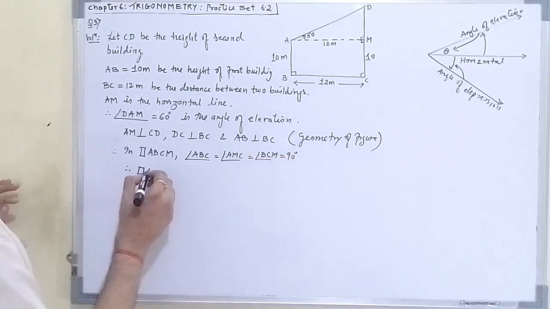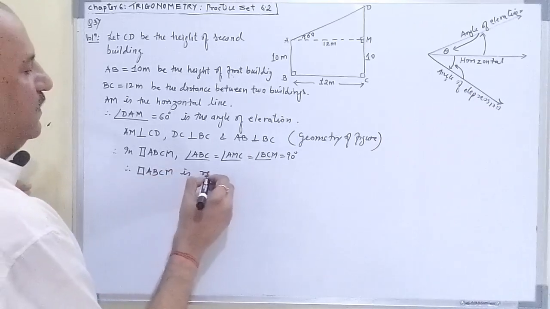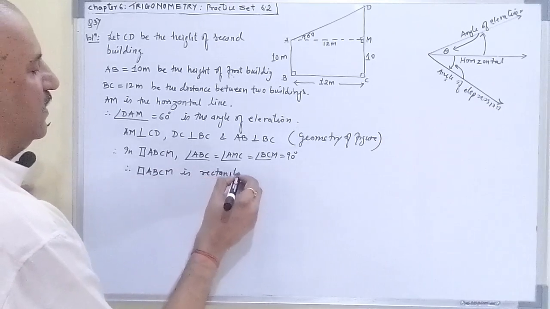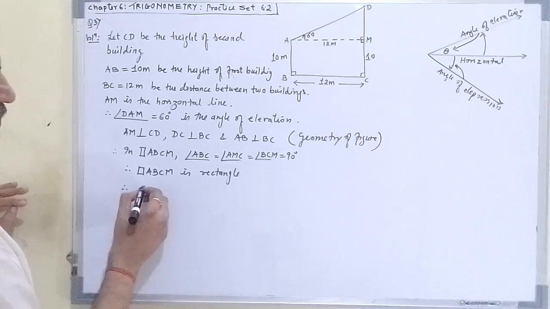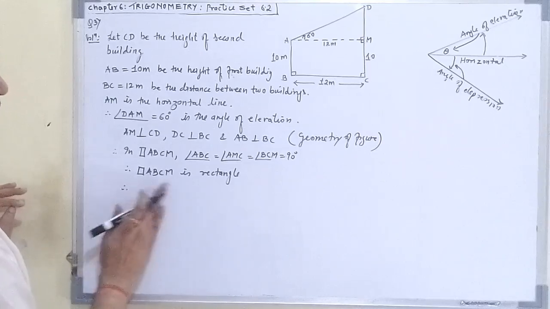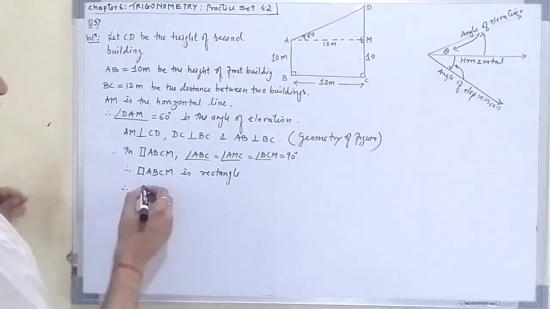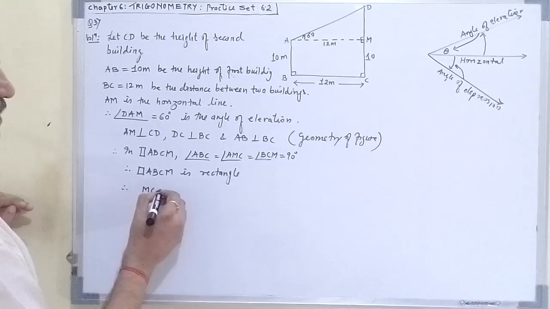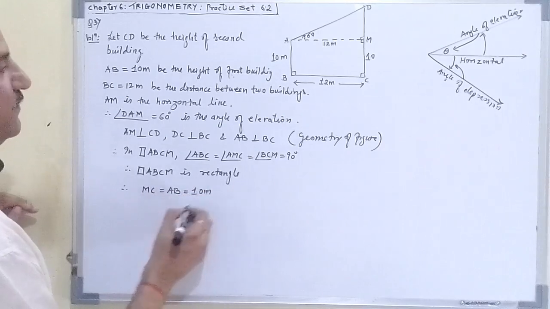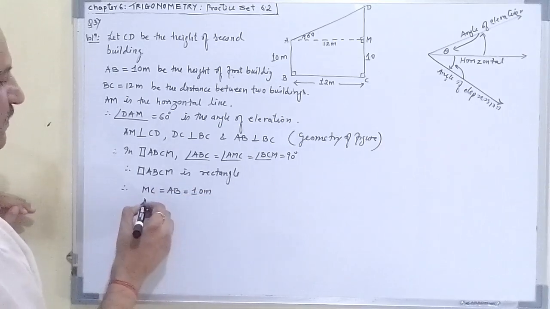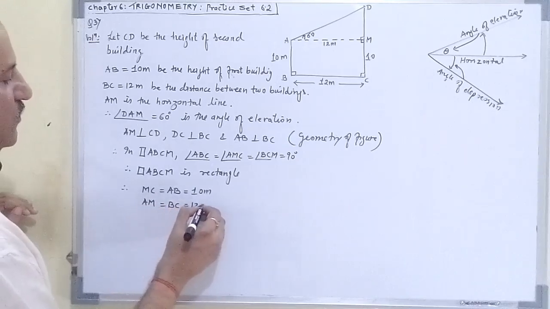Therefore, quadrilateral ABCM is rectangle. Therefore, MC equal to AB equal to 10 meters and AM equal to BC equal to 12 meters.